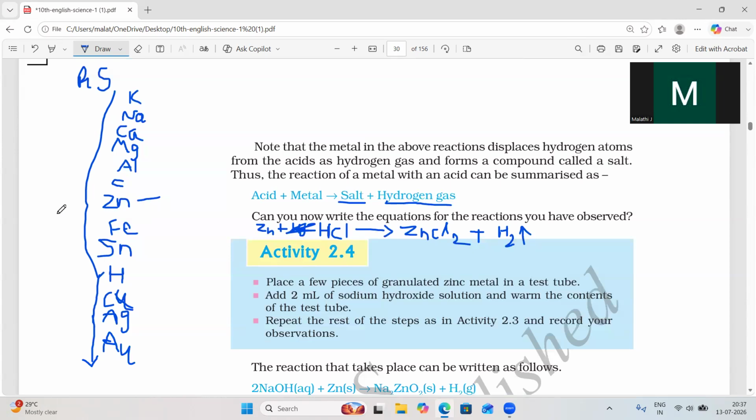Zinc is here, in decreasing order of metals. Hydrogen is here, so zinc is more reactive than hydrogen. So zinc replaces hydrogen. This is a displacement reaction we studied in the first chapter, chemical reactions and equations.